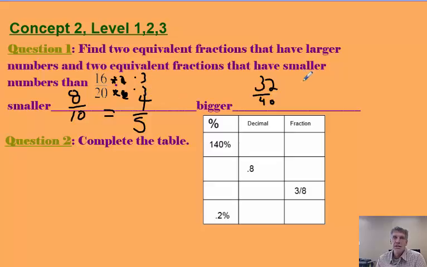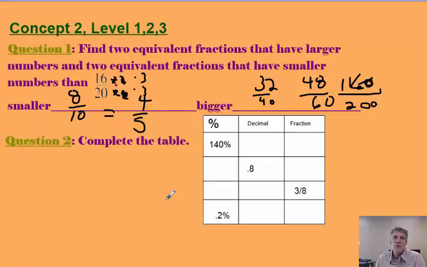So 16 times 3, you have to take a calc and do that, but that's going to be 48. And then 20 times 3, that's going to give you 60. So you got a couple examples there. You could have different ones. You could say 160, just add a 0 if you want. 160 over 200. Just add a 0. And that will work too.